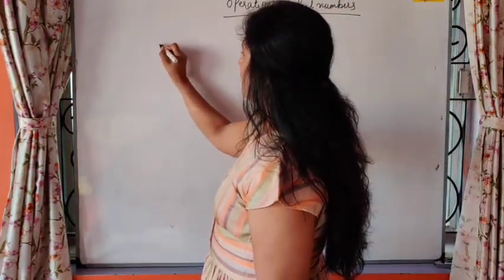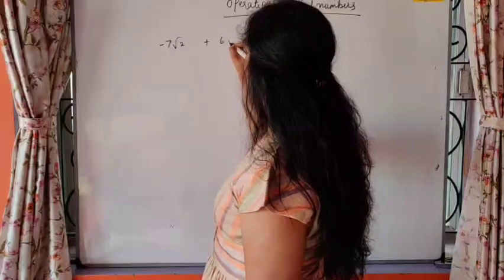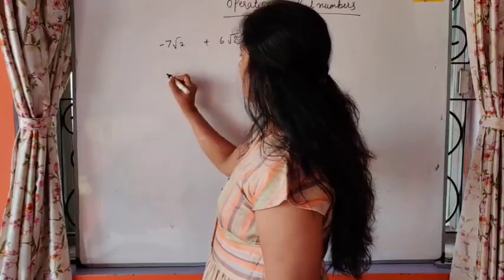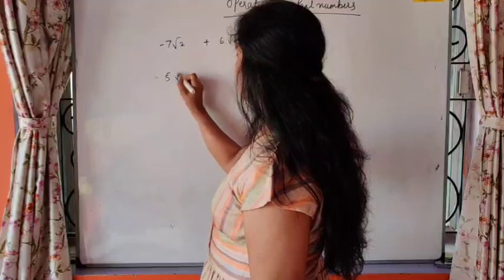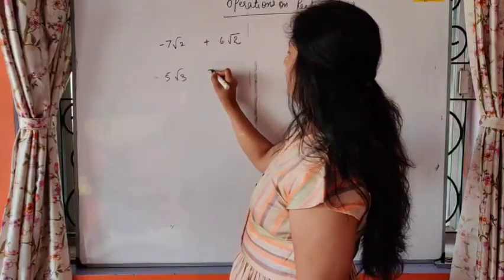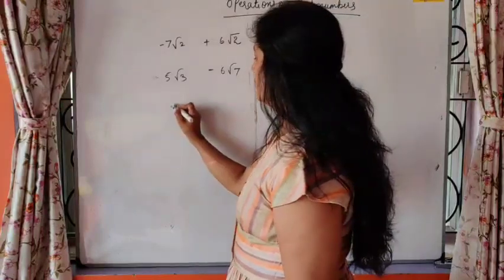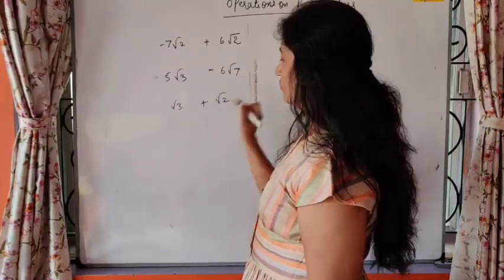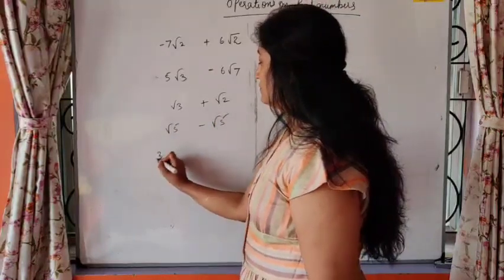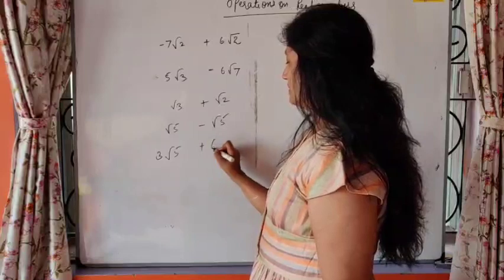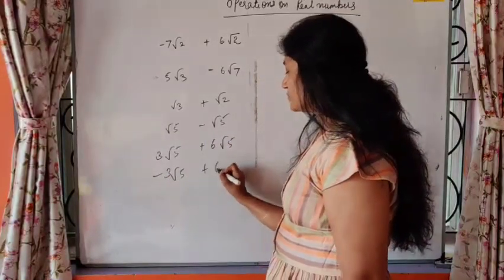If I take the number minus 7 root 2 plus 6 root 2, then I'll take another, 5 root 3 minus 6 root 7. Here root 3 plus root 2, root 5 minus root 5, 3 root 5 plus 6 root 5, minus 3 root 5 plus 6 root 5.